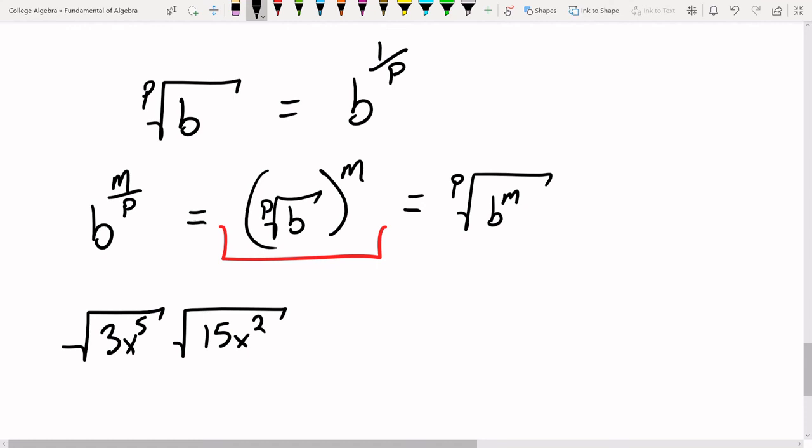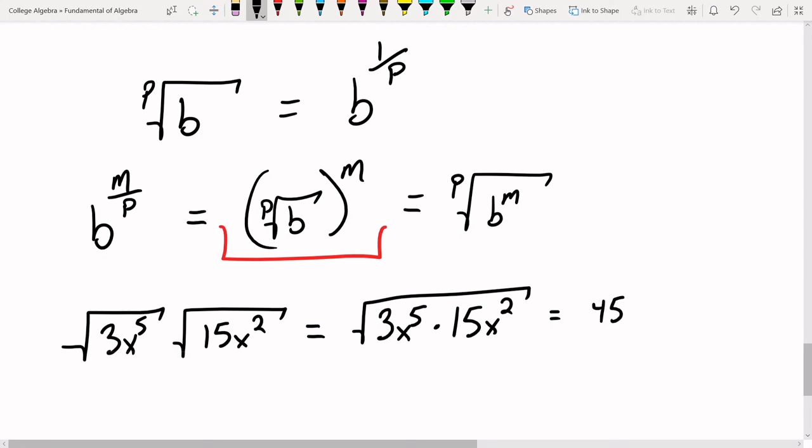We do have a rule, but it's a lot clearer to see here that we can actually combine these in one fashion. We can't simplify it down very much. It's actually going to be easier to simplify by combining them first. Here we have 3 times 15 is 45, and x to the 5th times x squared is 5 plus 2 is 7.